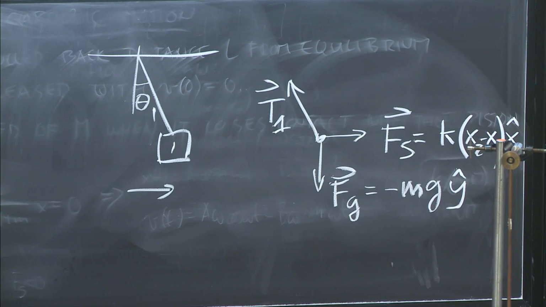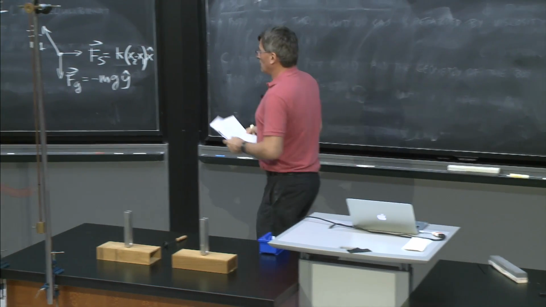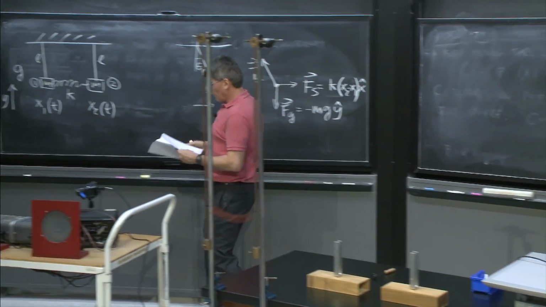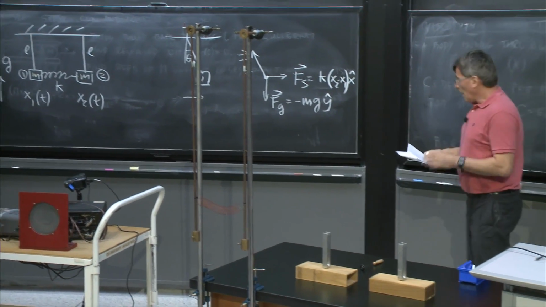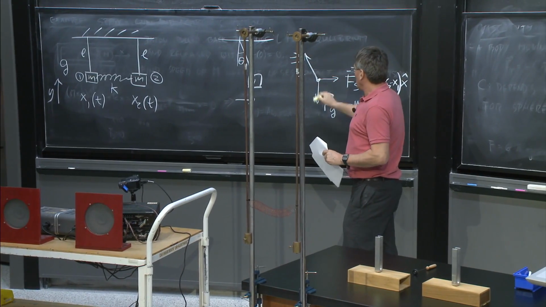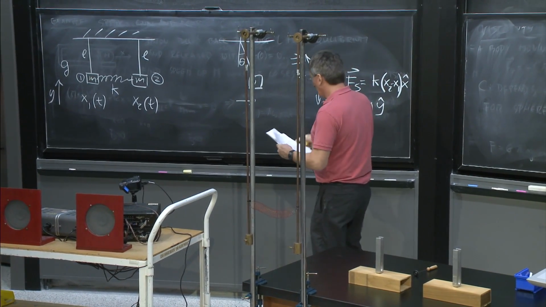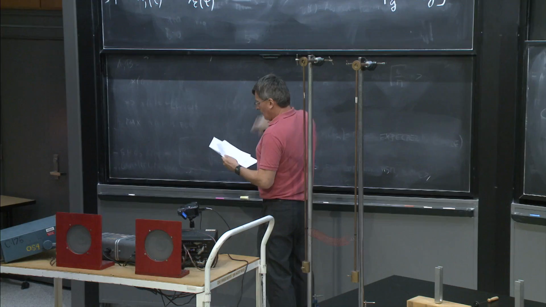So this is the force which, when the spring is displaced from equilibrium, there is a spring force, Hooke force, in the usual direction, right? In this case, it is actually in the opposite direction. And then there's a tension which has to be calculated such that we understand the acceleration of this object. So let's write down the equations.